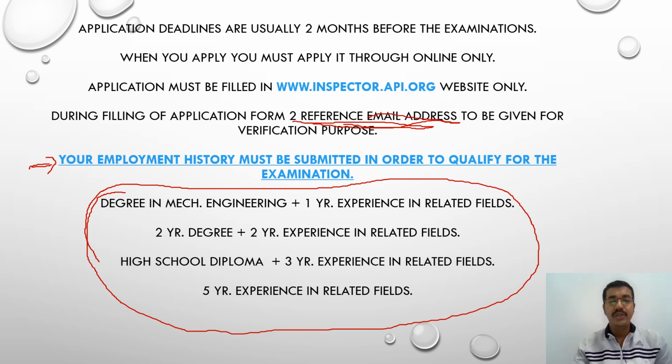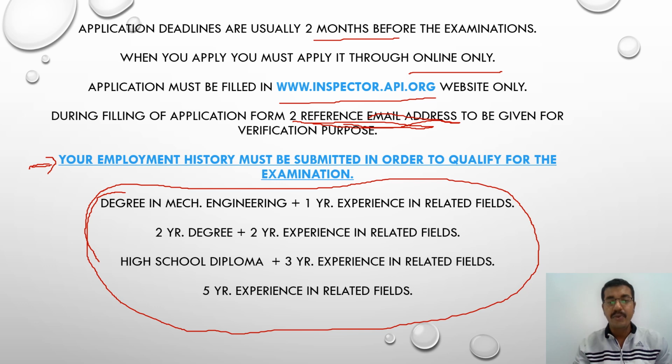So this is the application format. You have to put in an application for API 510, 570, 653 or the other related API courses, and these are the requirements. You have to apply at least 2 months before. You must apply online; only online applications are allowed. The website is this one.